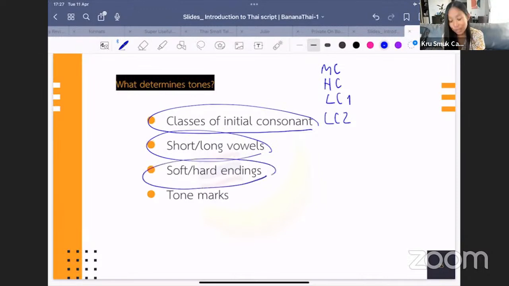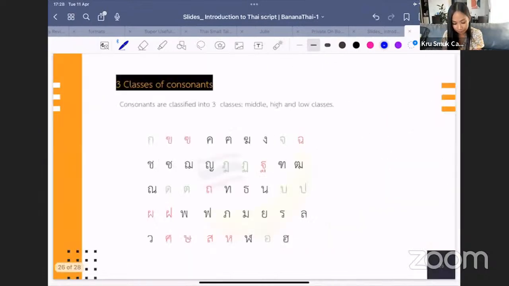Next one, soft and hard ending, whether the sound goes on like ooh, this is soft, and hard means the sound stops like gup. Like let's say the word มาก, ชอบ, บาด นะคะ, these also determine tone. And last one, the tone mark. So these are the topics you need to master, but I already told you, not from the beginning, that you need to learn in order to figure out what tone it is.